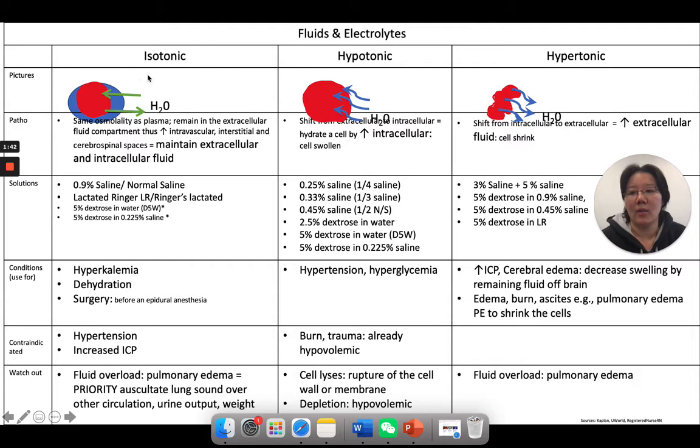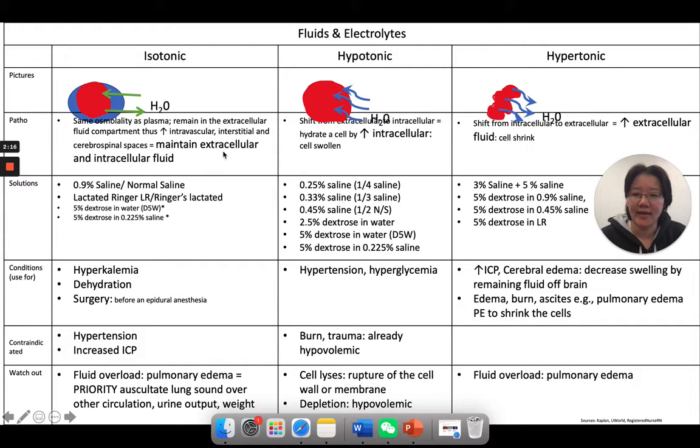So, for fluids and electrolytes, we have isotonic, hypotonic, and hypertonic. Let's start with isotonic. I drew a picture to help me remember. What happens to the solutions, 0.9% and lactated Ringer's, when they are inside the blood vessels?